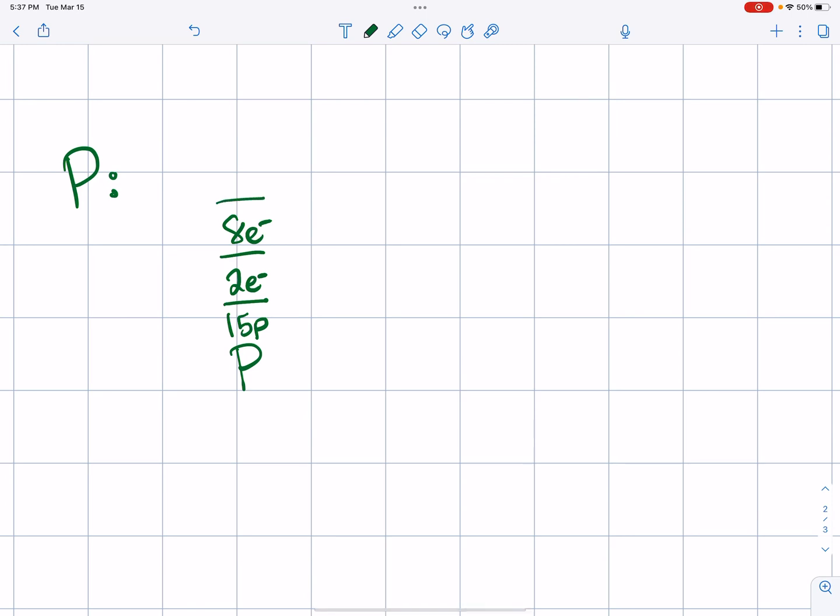So that means the third energy level will have 5 electrons. 2 plus 8 is 10, plus 5, there's our 15 electrons total. The outermost energy level, in this case, is the third energy level. So that means phosphorus has 5 valence electrons. There's the energy level diagram for phosphorus with the number of valence electrons indicated as well.